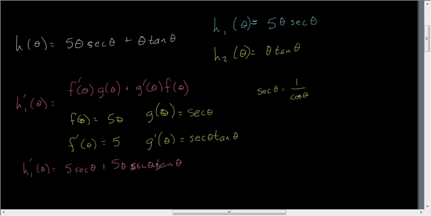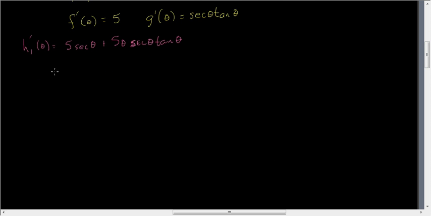All right, there we are. And now, if you wanted to, you could pull out a 5 secant. So you have h1 prime of theta is equal to 5 secant theta times 1 plus theta tangent theta.